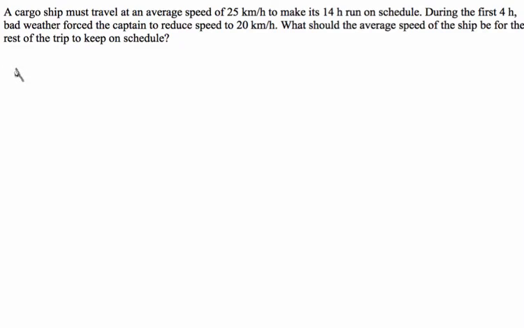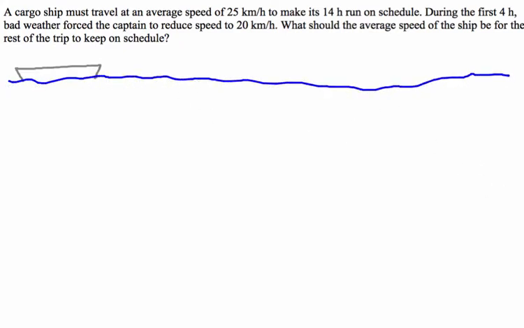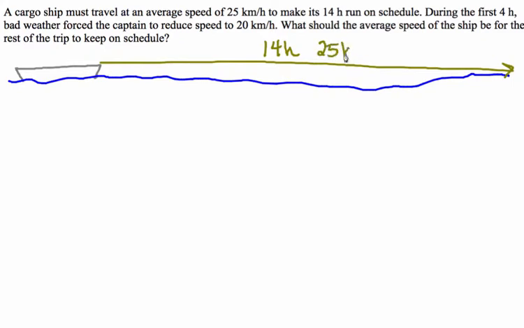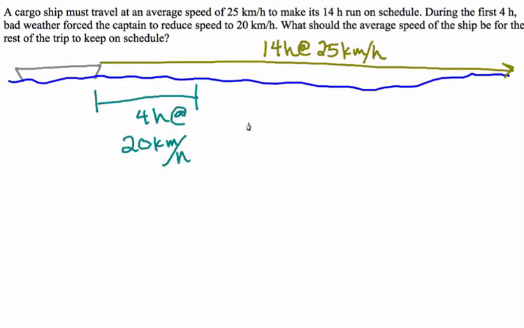So we have a cargo ship, and it has to travel for a total of 14 hours at an average speed of 25 kilometers per hour. For the first 4 hours, they had bad weather, so they sailed for 4 hours at 20 kilometers per hour.